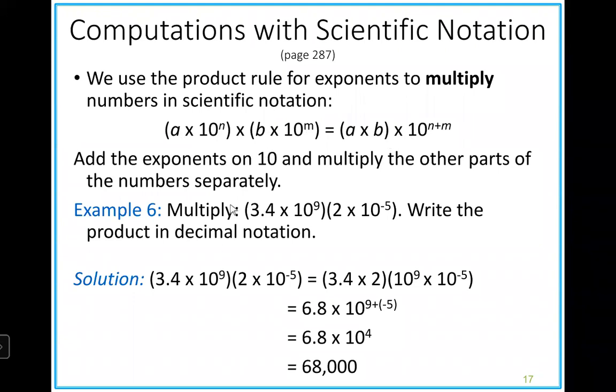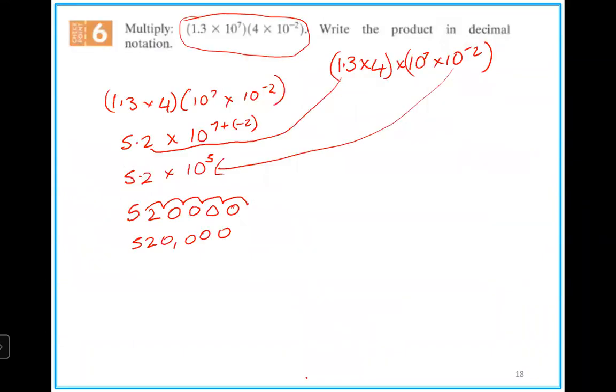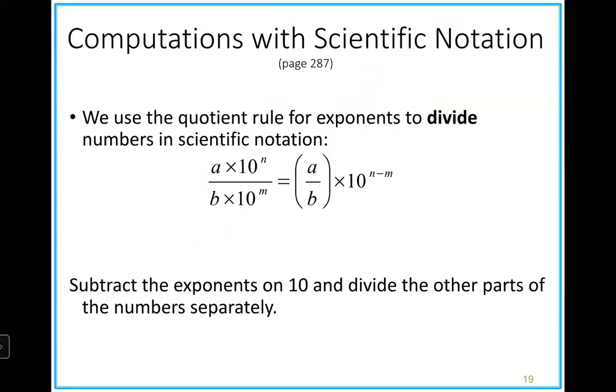Then you can simplify your answer in decimal notation, depending on what the question asks for. In this case, they wanted your answer in decimal notation, but if they wanted scientific notation, you would stop right here where it says 5.2 times 10 to the fifth. But they asked for decimal form.